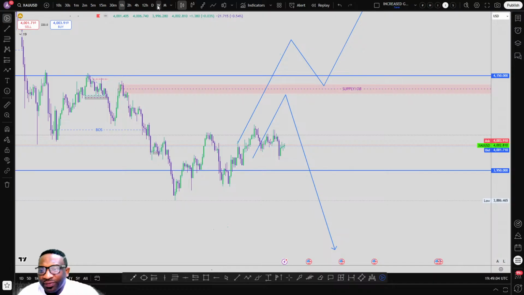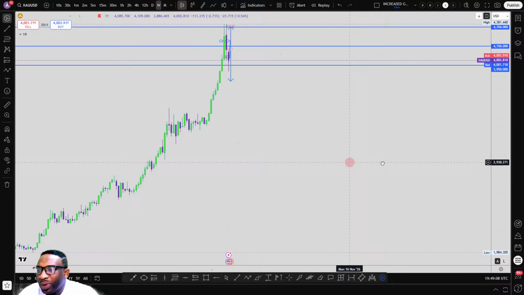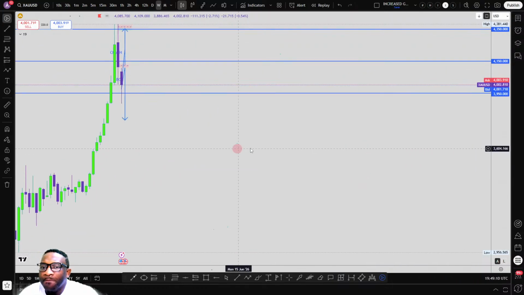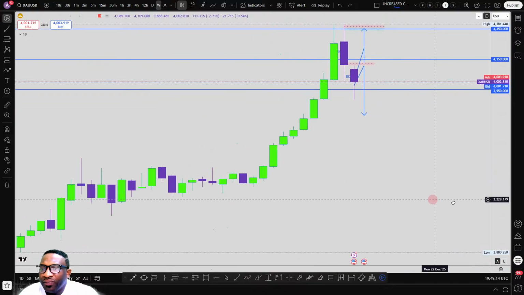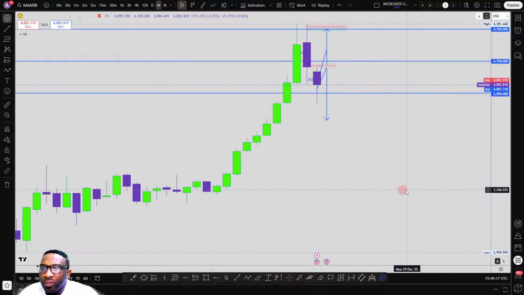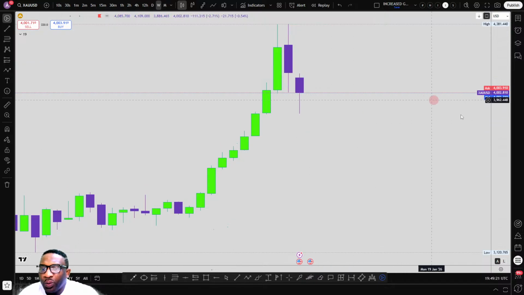So let's look at it from a bigger picture, the weekly time frame, and see where we are at. Let's clear this chart first of all.